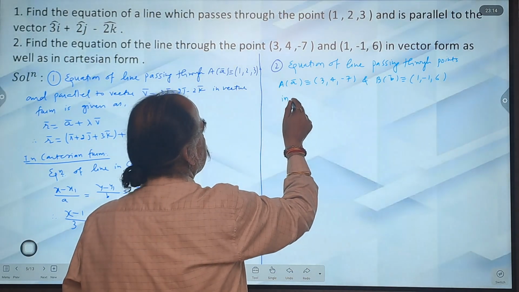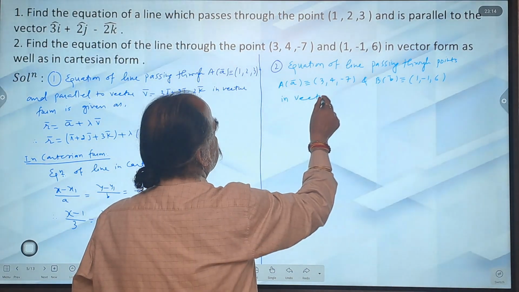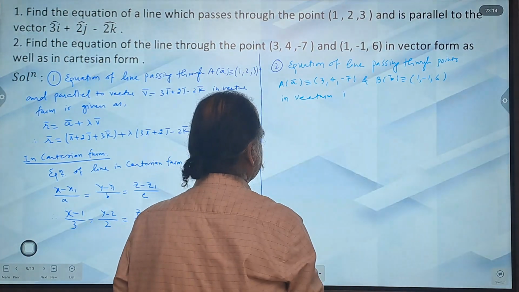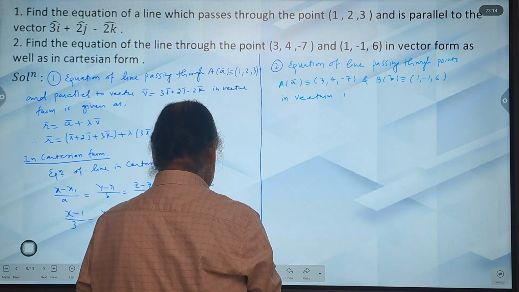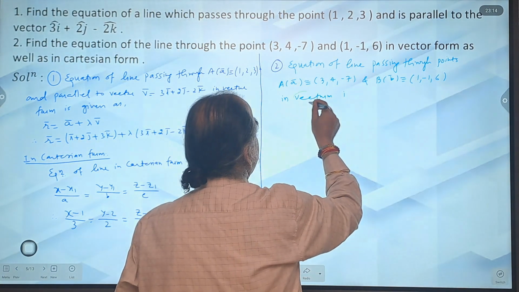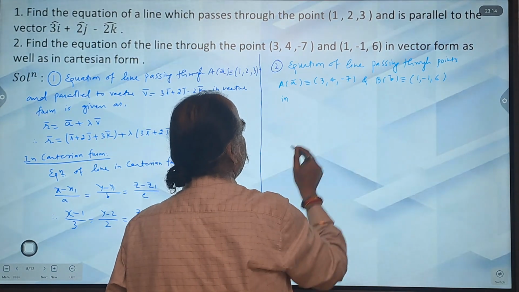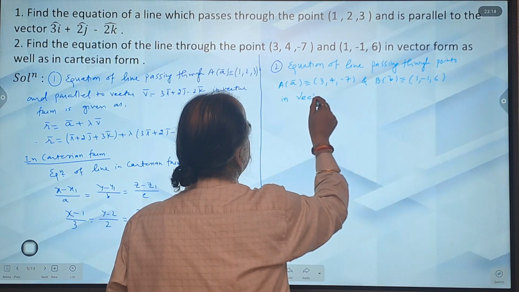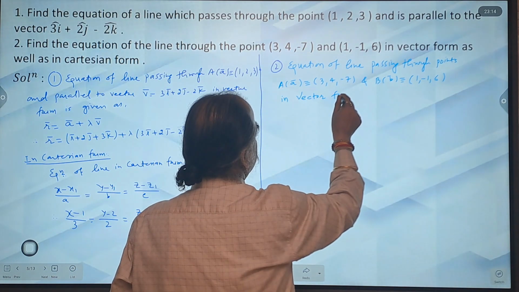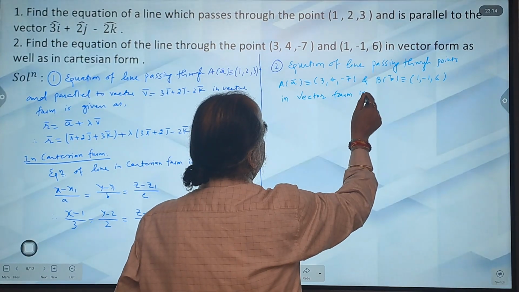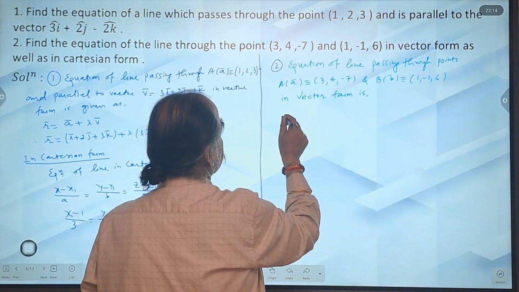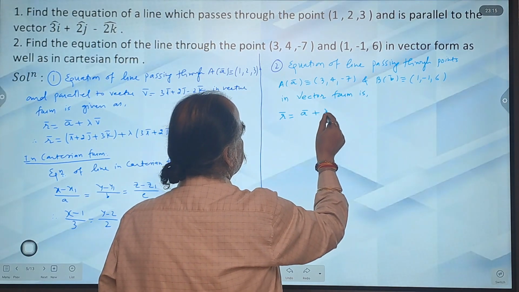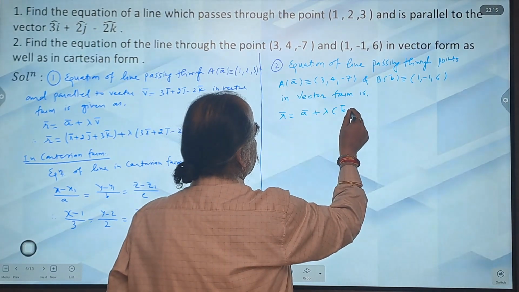In vector form, the equation is r bar is A bar plus lambda times B bar minus A bar.